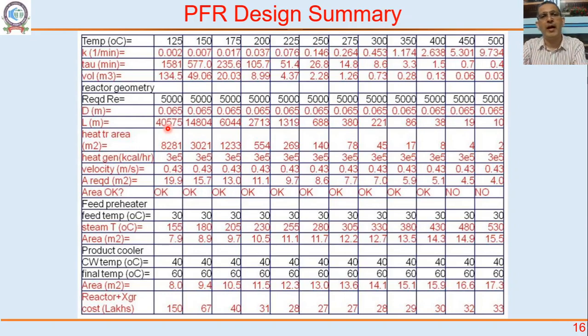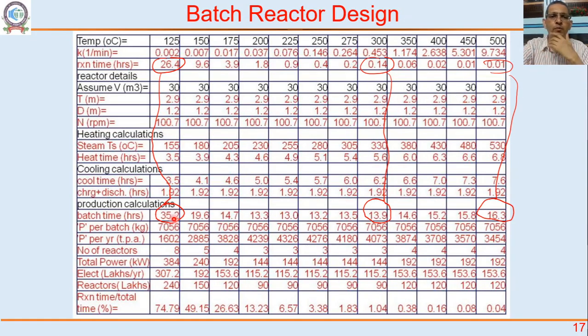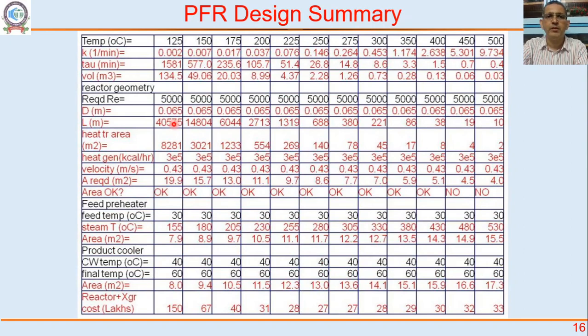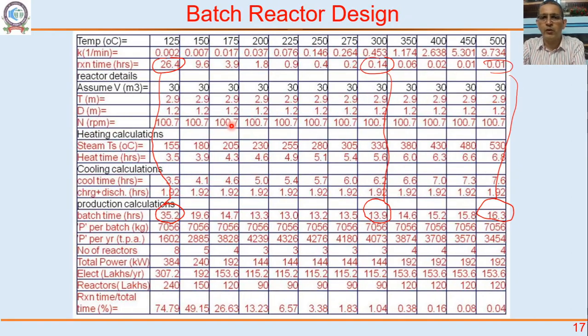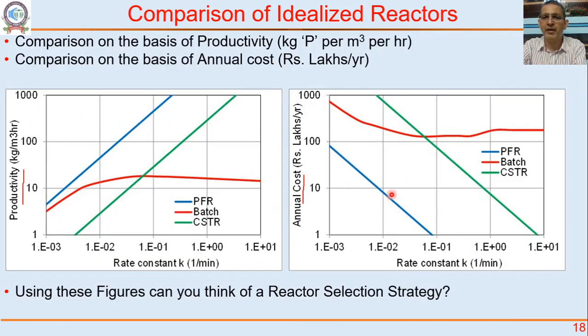No. I would rather have 30 meter cube 8 vessels, or 30 meter cube 5 vessels, or 30 meter cube 4 vessels, rather than having 40 kilometers or 14 kilometers or a 6 kilometer long reactor. So although plug flow has less cost and better productivity, we will still choose batch. Productivity is similar, but convenience.